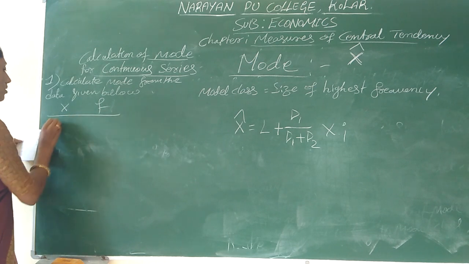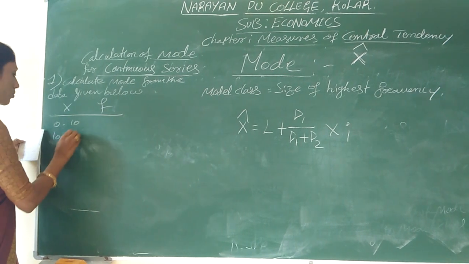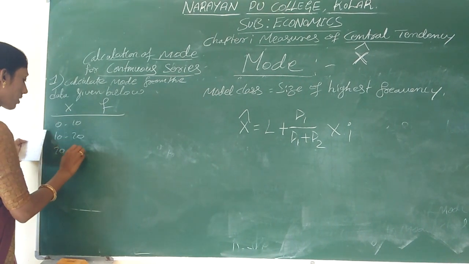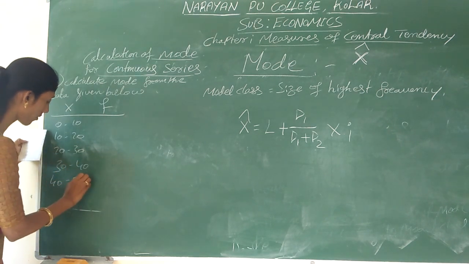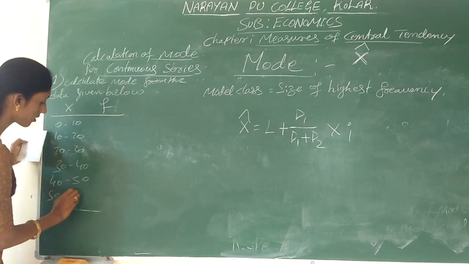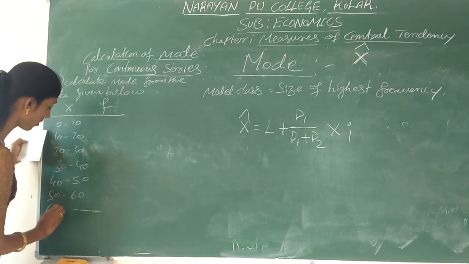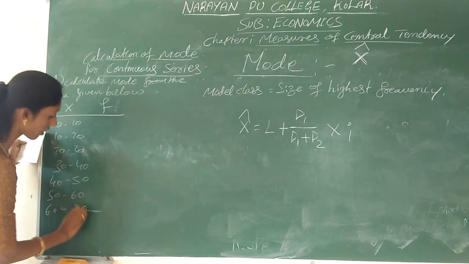X is 0 to 10, 10 to 20, 20 to 30, 30 to 40, 40 to 50, 50 to 60, 60 to 70.